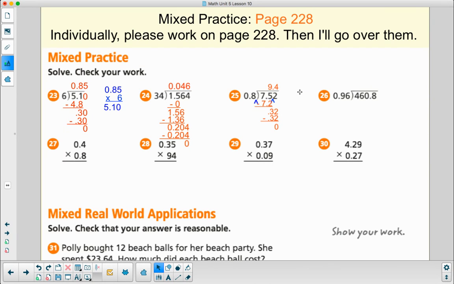Again, you can check with a calculator by multiplying 9 4/10 by 8/10, and you should get 6 54/100. And moving on. This time I had to multiply my divisor and dividend by 100, and I end up with 480. It's reasonable because my answer, this is a little less than 1, and I have a little more than 460, don't I?